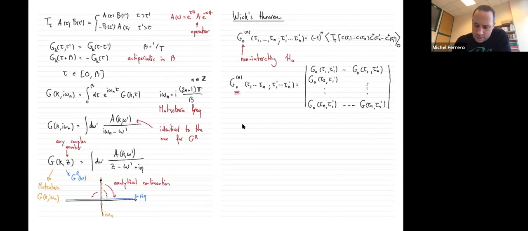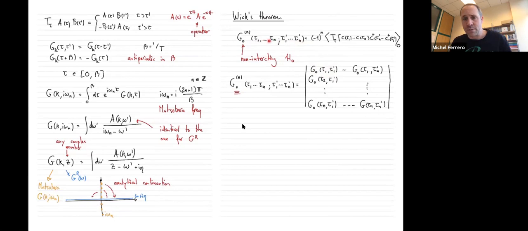Yeah, sorry, I did not mention that. Of course, I could put it every time. So you can think of tau1 here being both a time and a position index. So this could be G0 of R1, tau1, and so on and so forth. And then you would have here the propagators corresponding to R1, R1 prime, and so on.